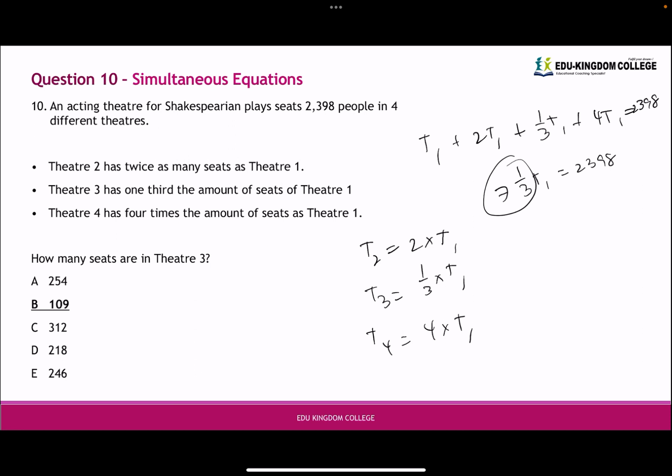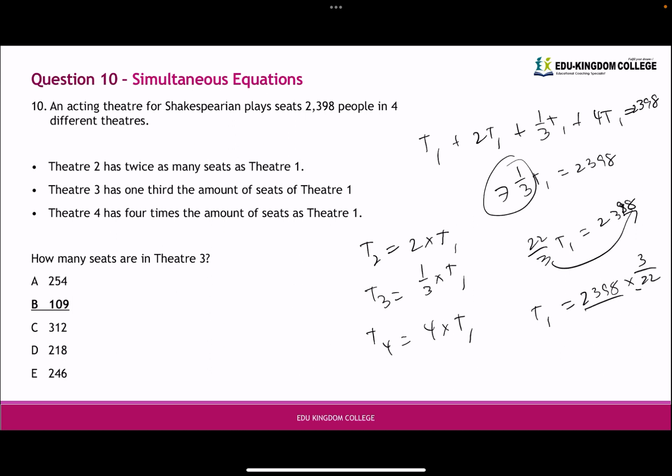Let's make this an improper fraction, so make this all into one. So 22 over 3 T1 equals 2,398. If I carry this fraction over, it's going to flip, so it becomes 2,398 times 3 over 22.